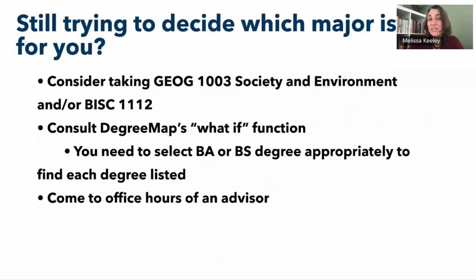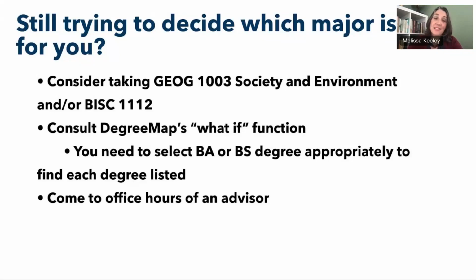The reason I would consider that one is that it's a foundational class that counts towards both of our 2 degrees. It is the ecology, kind of the second in the upper level foundational biology series for the biology department. So it could count towards either of our degrees. And if you're trying to decide between the studies or sciences version, that might help you make that decision.